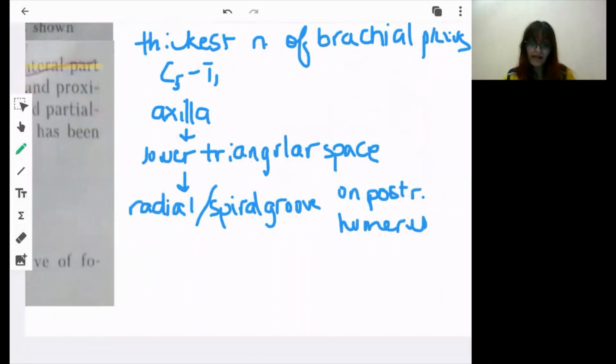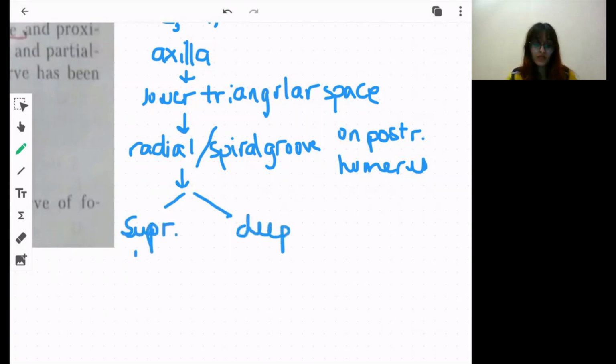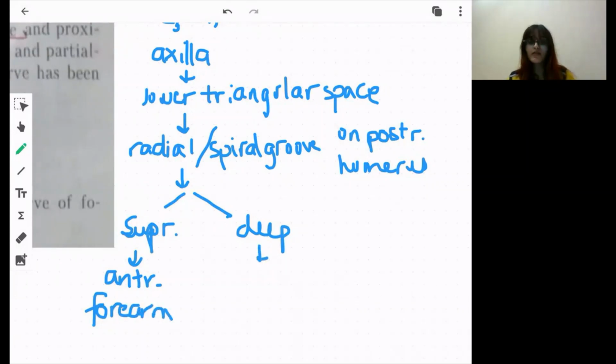Okay. So now when it enters the forearm, it is divided into basically two terminal branches, the superficial and the deep. The superficial runs in the anterior forearm, and the deep branch first gives off some branches.